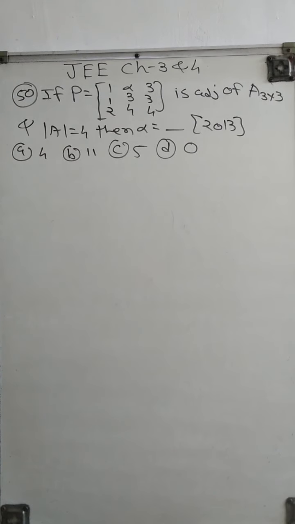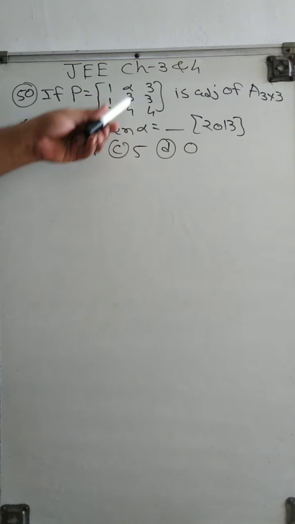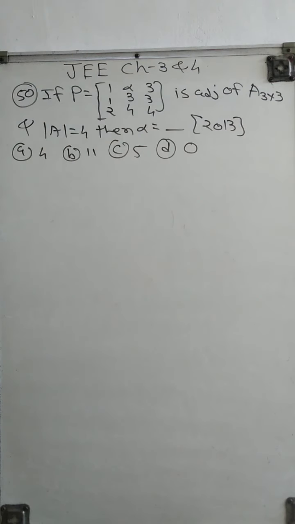In the 50th sum, if P is equal to the matrix 1 1 2, alpha 3 4, 3 3 4 is the adjoint of A, a 3 by 3 matrix, and determinant of A is equal to 4, then alpha is equal to what? This was also asked in 2013.